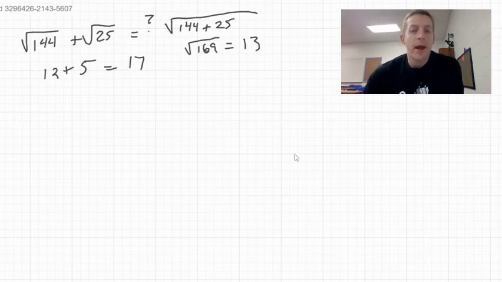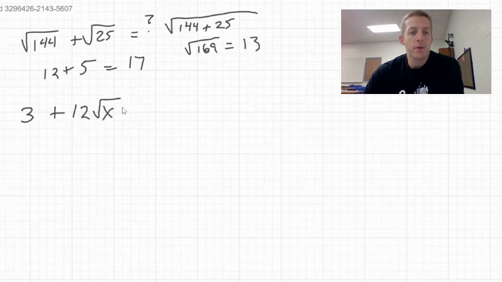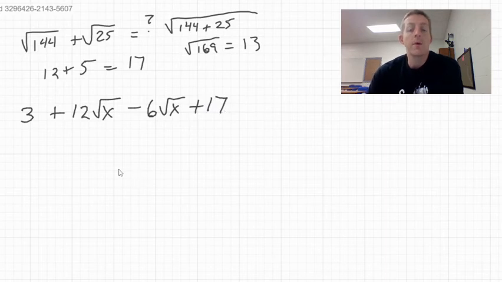What happens if we're going to have variables in this as well? Let's say we have 3 plus 12 square root of x minus 6 square root of x plus 17. And we want to simplify this expression.